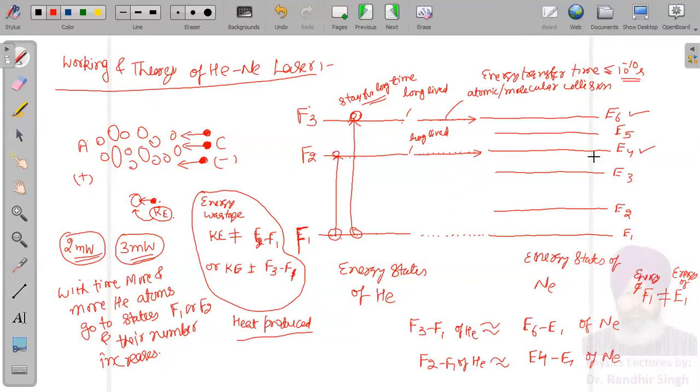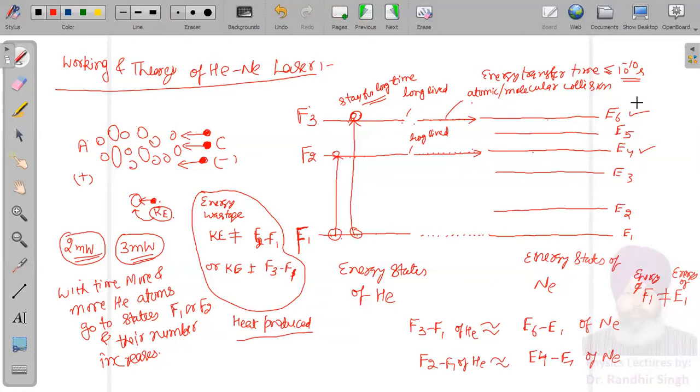So this will create a population inversion, and because the time of collision is very small, it is possible that within a small time most of the helium atoms are in the excited states.